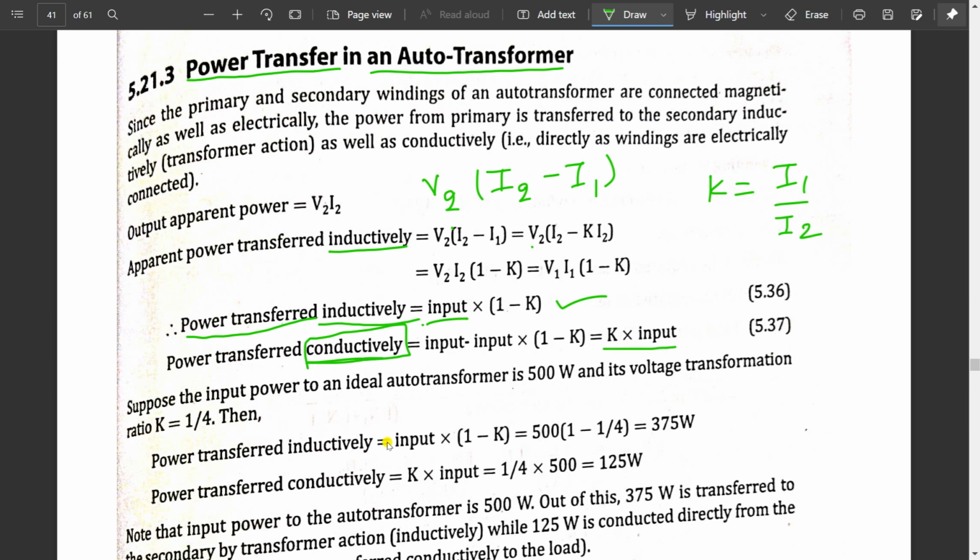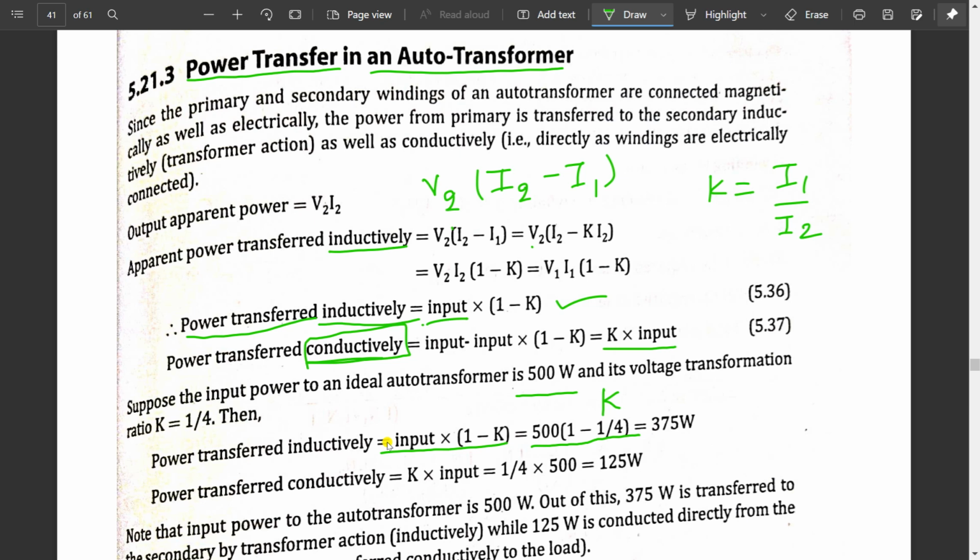Let us take one example. The transformer rating is 500 watts. The voltage transformation ratio K is equal to 1 by 4. Then the power transferred inductively is equal to input into 1 minus K, that is 500 into 1 minus K. The K value is given as 1 by 4, so that is 375.